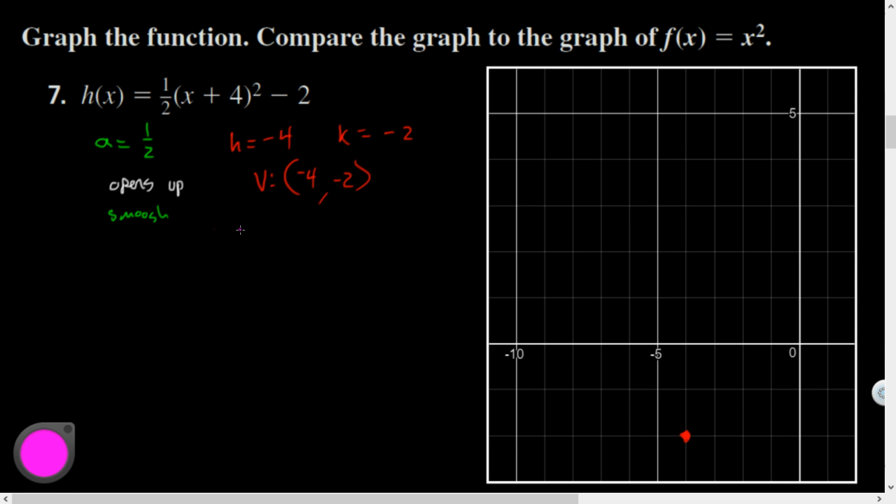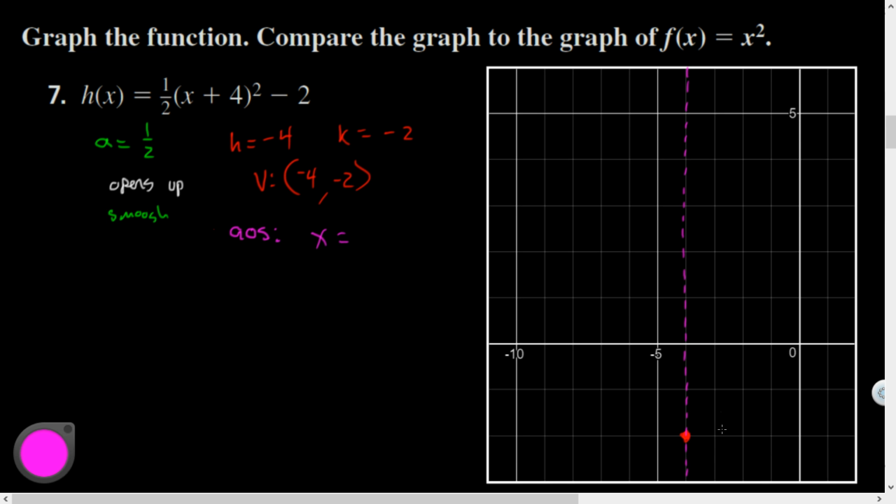Let's see, Tyler, what do you think? They didn't ask for this, but what is the axis of symmetry? What's the equation of that? Yeah, it's always x equals a number.